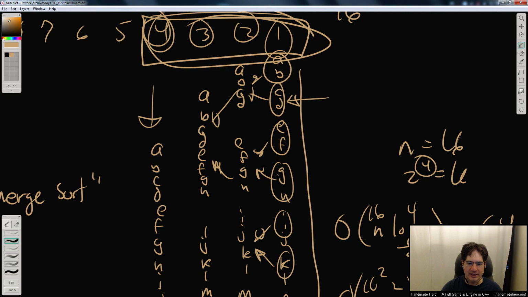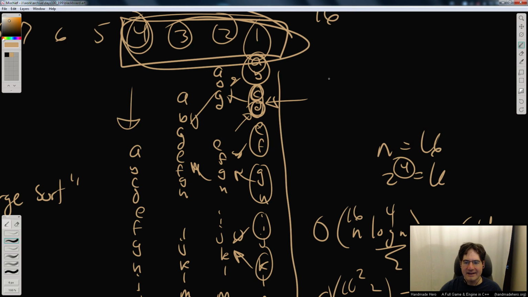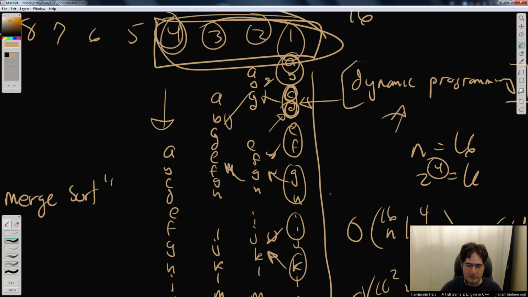In this particular case, I know that since I've already compared these two, if I compare one of these to one of these, I then imply something about the other one in that pair. I know we're kind of getting off on a tangent here, but I'll just say that is actually the basis of dynamic programming, which is a whole other discipline of programming, which I would also encourage you to look up if you were interested.